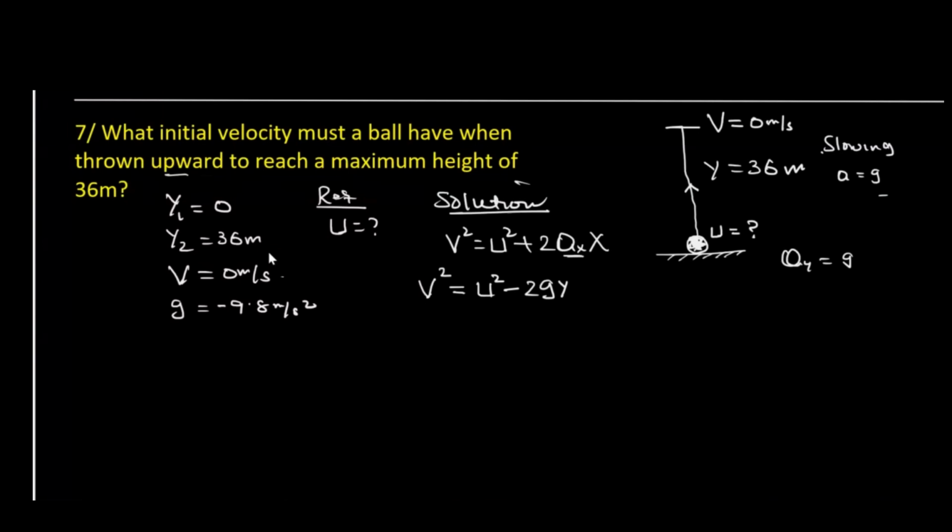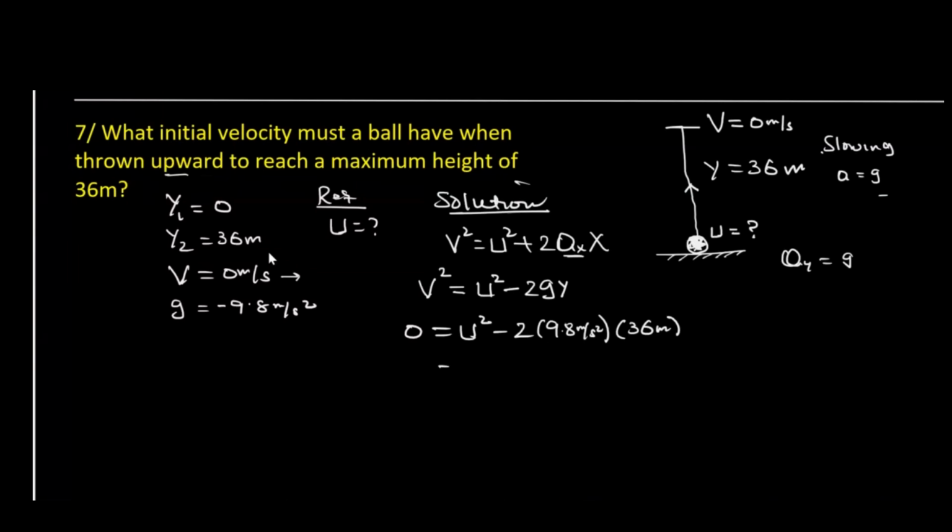We say v is 0, because at maximum height, 0 equals u squared, the one I'm looking for, minus twice 9.8 meters per second squared times y, which is just delta y, y2 minus y1, which is 36 simply. 36 meters.